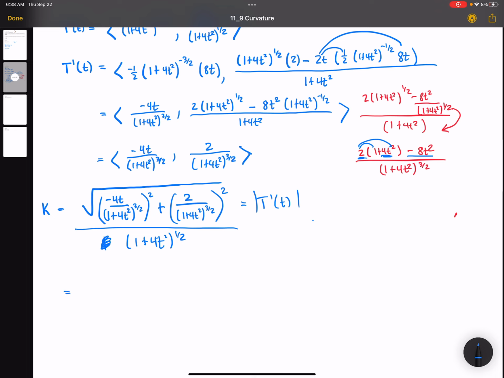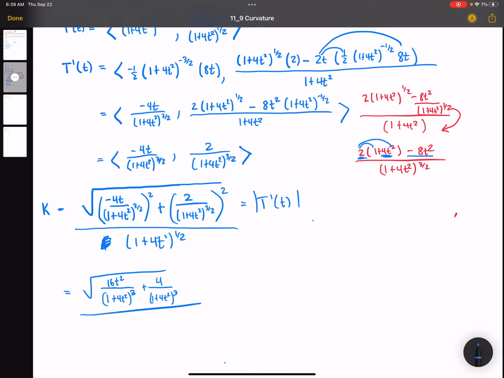If you simplify this a bit, you would get the square root of 16t squared divided by (1 plus 4t squared) cubed, plus 4 divided by (1 plus 4t squared) cubed.